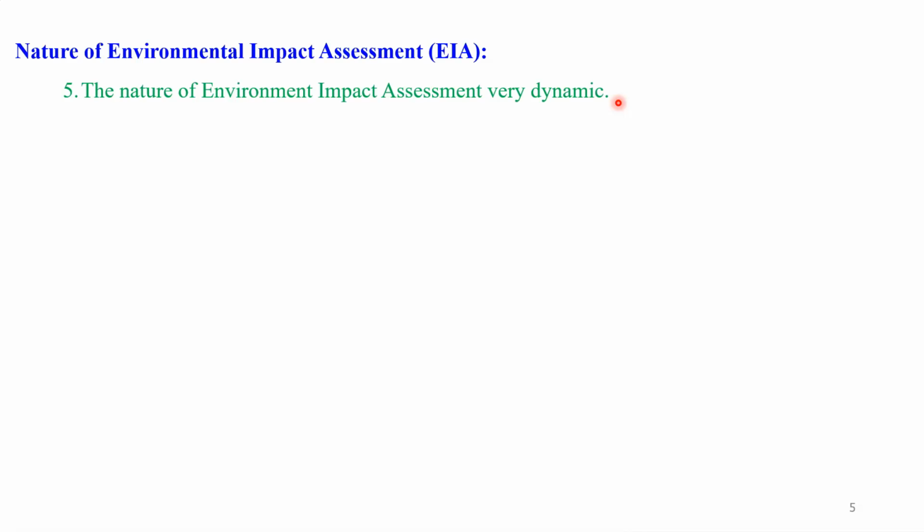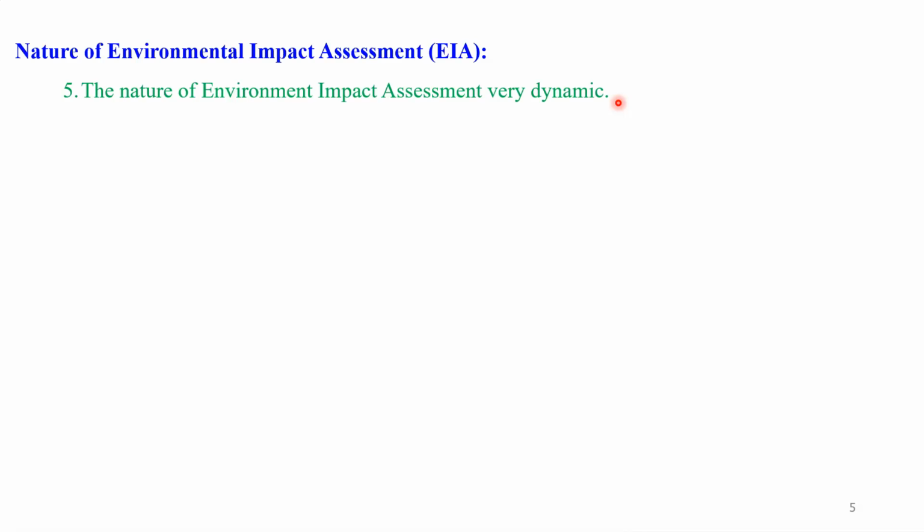So when the use of technology changes in any development project, the impact of that project on the environment also changes. So, as I mentioned, from time to time this relationship between the development project and its impact on the environment is going to change.